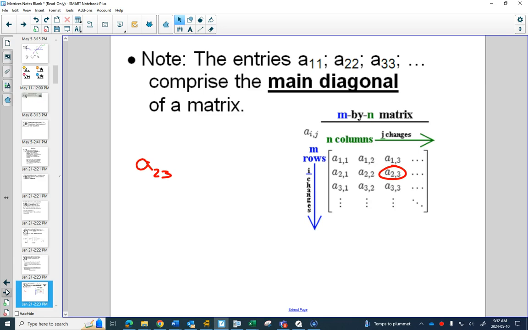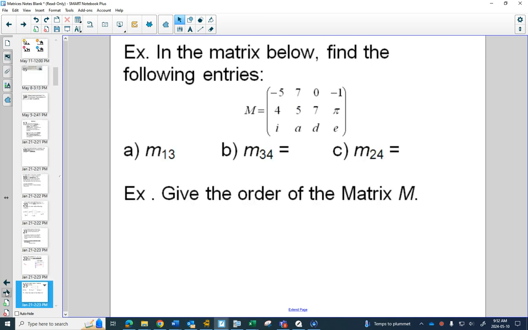Again, I apologize for this being so complicated so early. So we have matrix M. If you wanted to find element M13, you would go to row 1, over to column 3, and see that this one is 0.